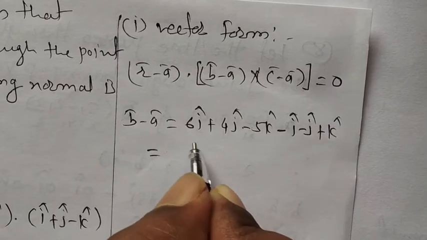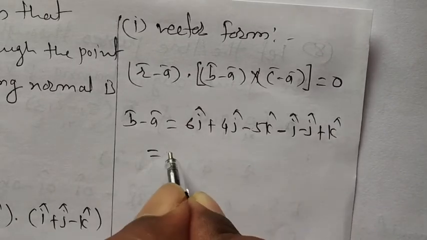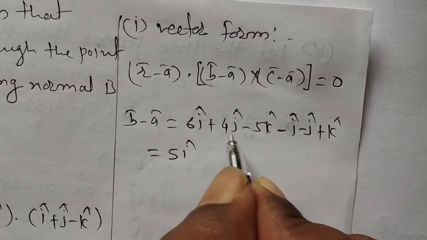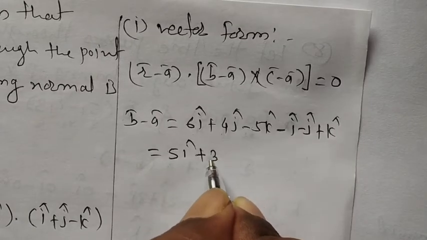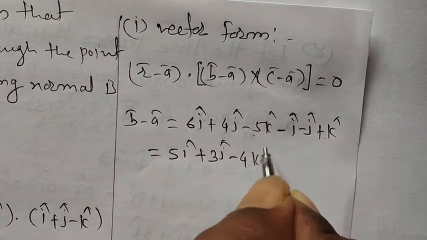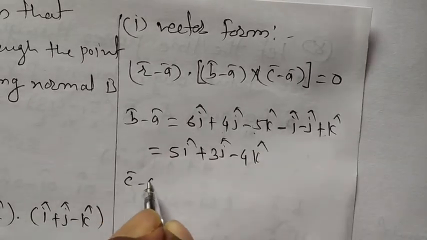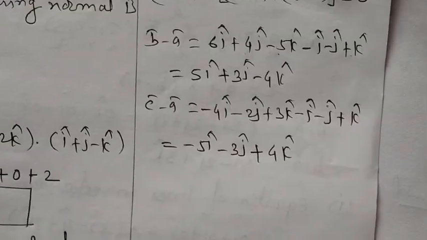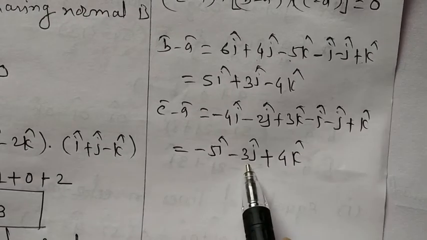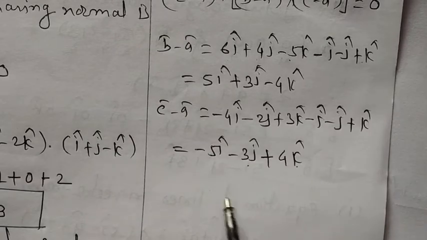That equals 6i minus i, that is 5i, then 4j minus j, that is 3j, and minus 5k plus k, that is minus 4k. In the same way, you can do c bar minus a bar. The answer is minus 5i minus 3j plus 4k.